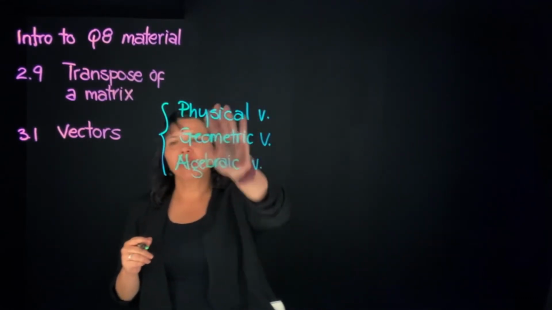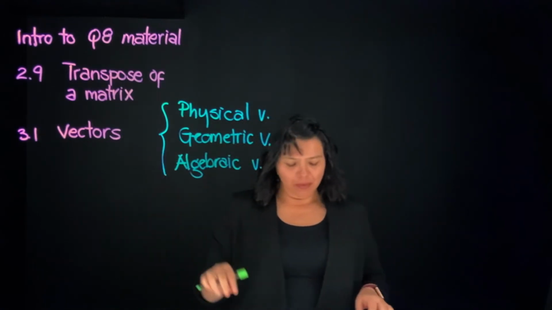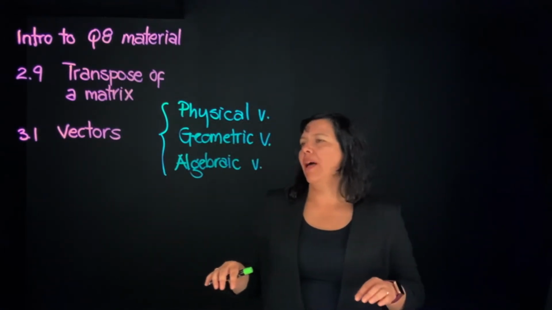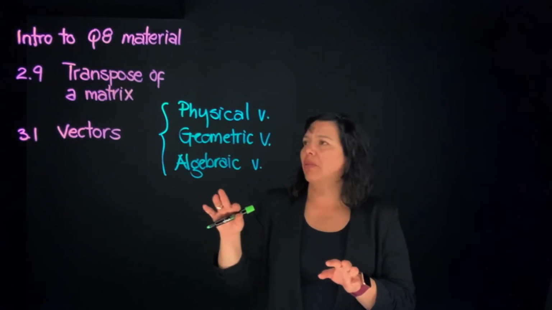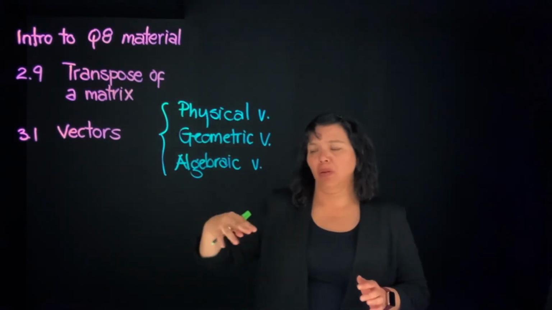So make sure to look for examples of these 3. And the last thing that I'm going to tell you is something that you're going to be using a lot for your quiz and so on.